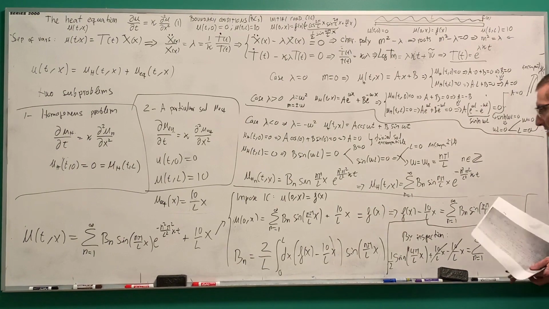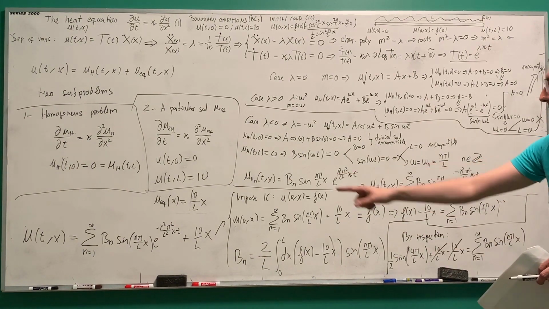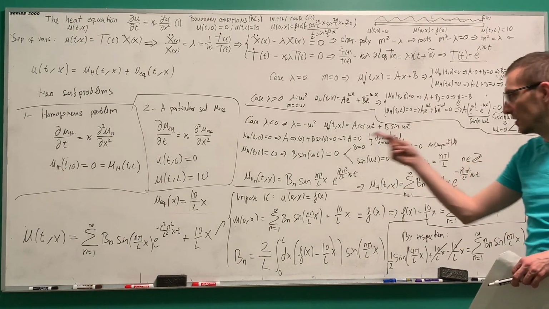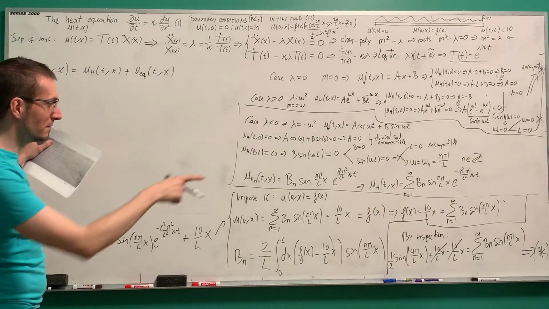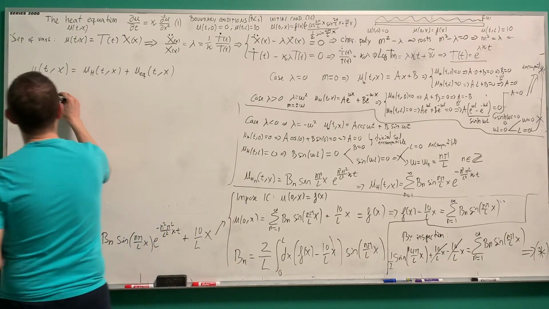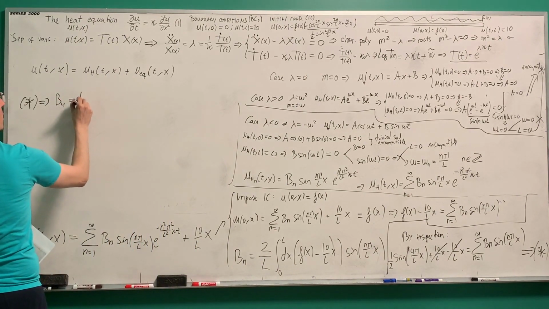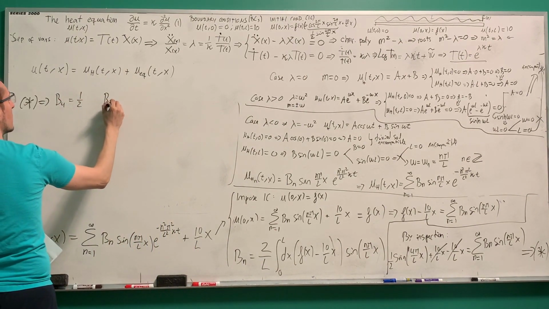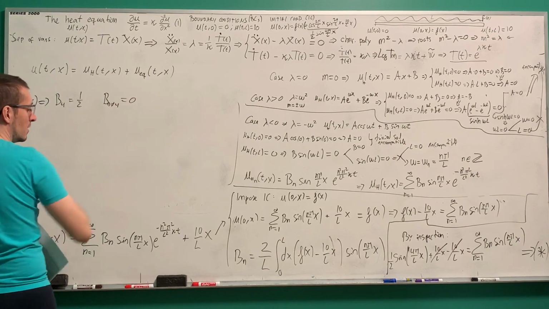So we find by inspection that b4 is equal to 1/2 and bn different from 4 is 0.